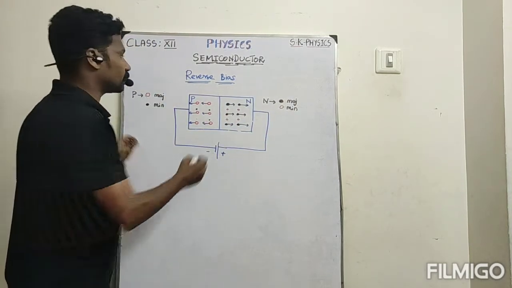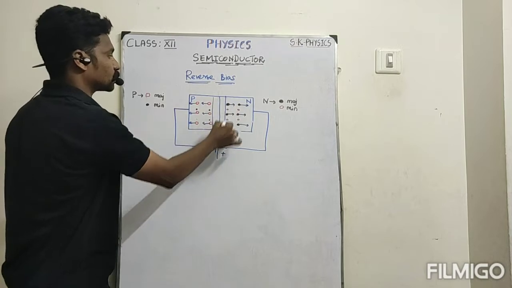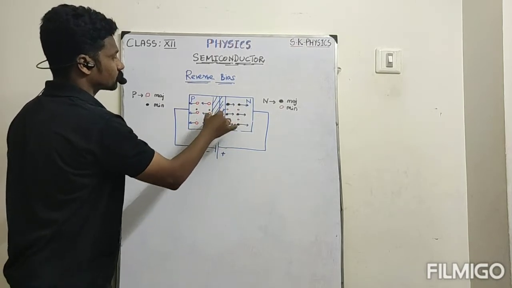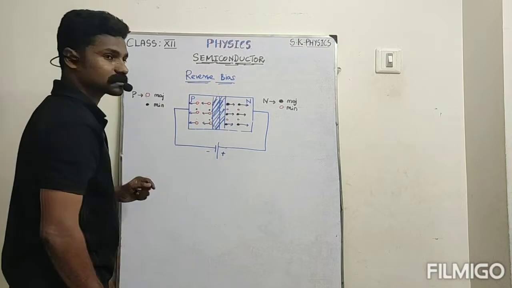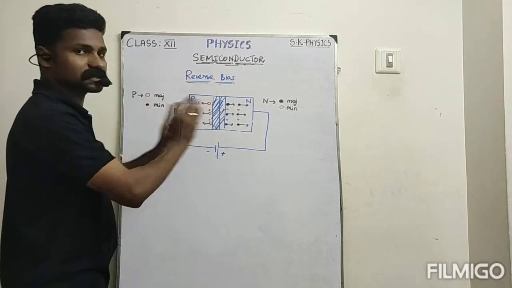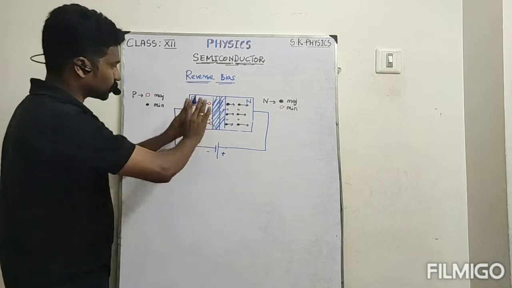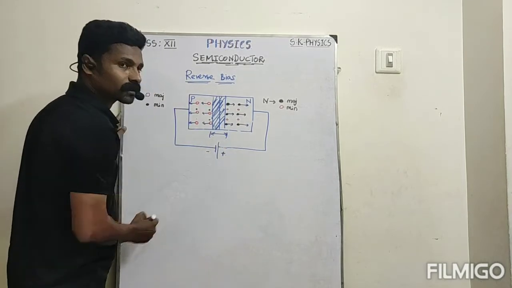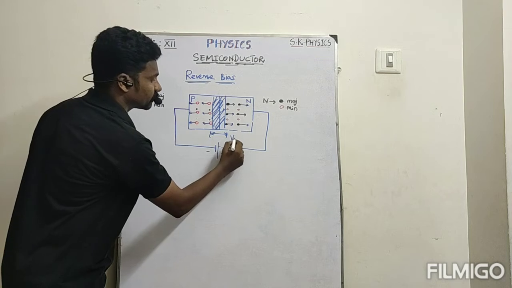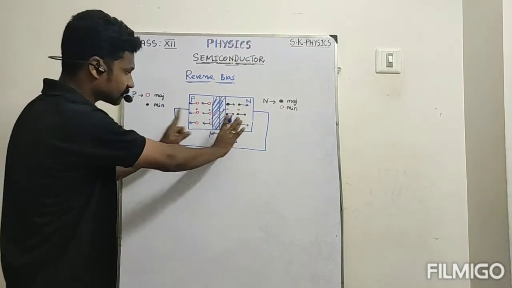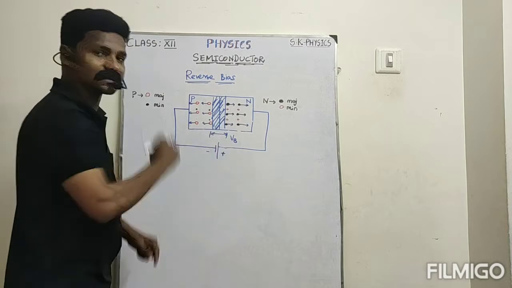So here the potential barrier will be increasing, because the electron and hole transition does not happen. The potential barrier we can say is VB. So the depletion region is increasing, due to the barrier increasing.